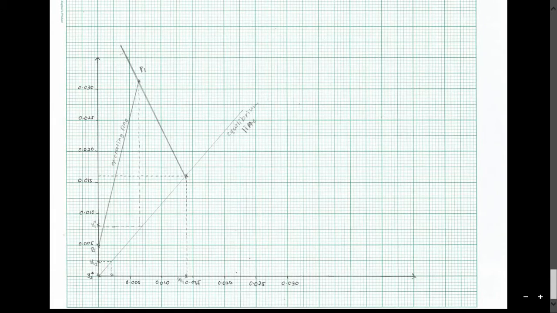For the next step, we need to find the operating line. Okay, we need to find this line.